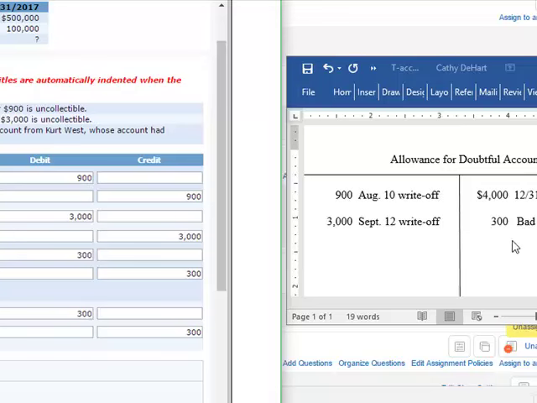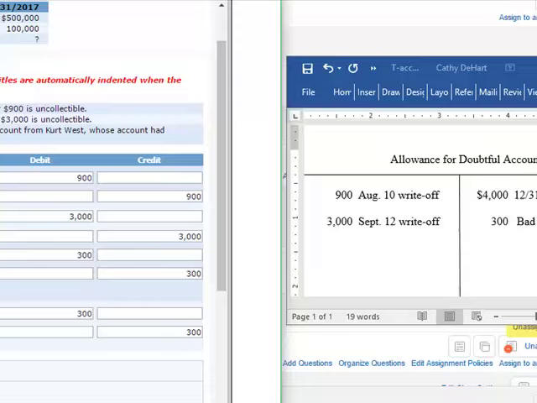So over here to the right, you'll see that I've written, to start with, the beginning balance in the allowance account as of January 1st, 2017. And that is actually the same as the ending balance in the allowance account as of December 31st, 2016.